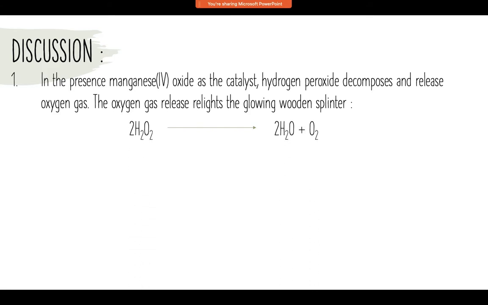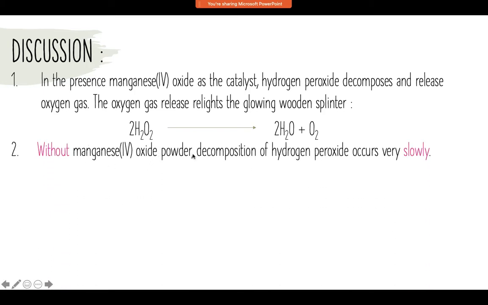So this is the chemical equation for hydrogen peroxide H2O2 when decomposed. Mesti tulislah patutnya kat atas ni, in the presence of manganese(IV) oxide MnO2, it will produce H2O, water, and also oxygen gas. Okay, kalau tak ada manganese(IV) oxide pun, dia akan produce juga, cuma in a slow reaction lah.